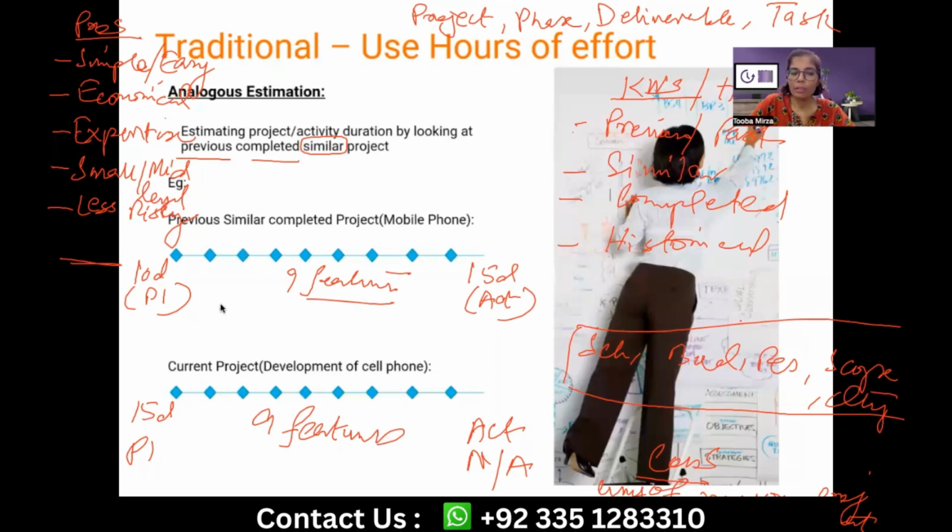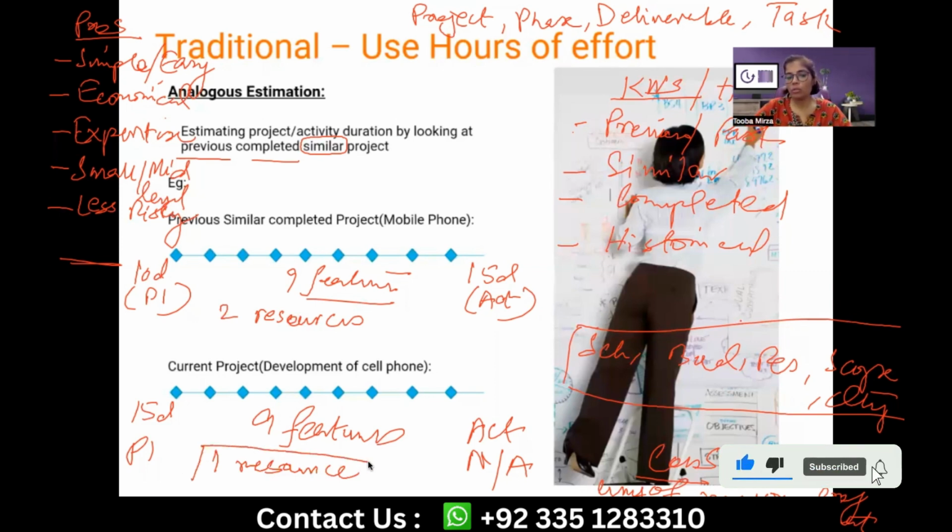For this deliverable, the past records, or the past plan and actualized data, tell you that 2 resources had completed these 9 features in 15 days, right? And for this current project, which is very much similar in the scope and with respect to the nature of work as the past project, however, you are not going to get more than one resource on this project. The analogous estimation is going to fail.